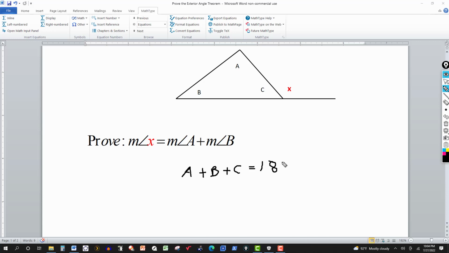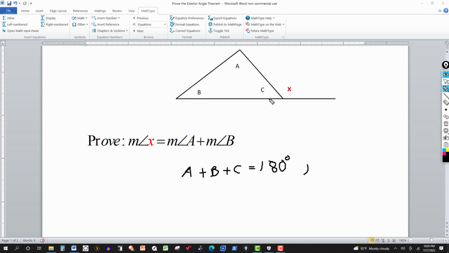And in geometry, when you prove something, you have to give reasons. So here we can state the theorem: the sum of the interior angles of a triangle add up to 180. That's the reason for that.